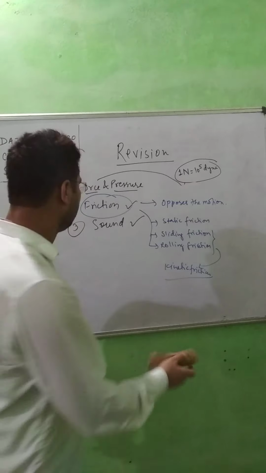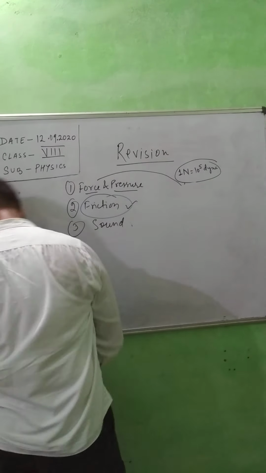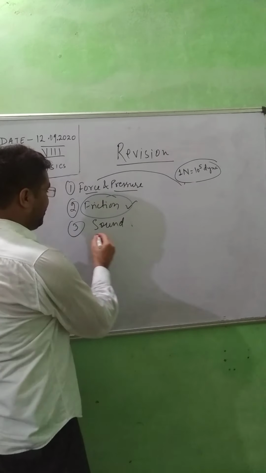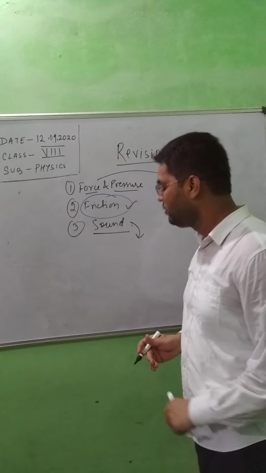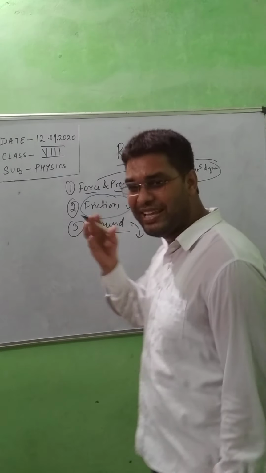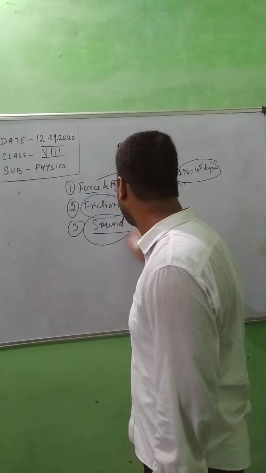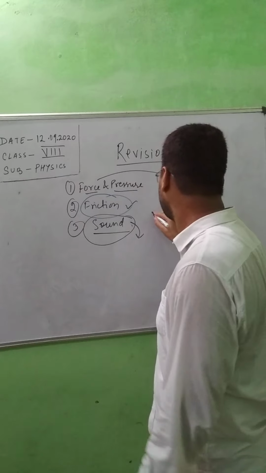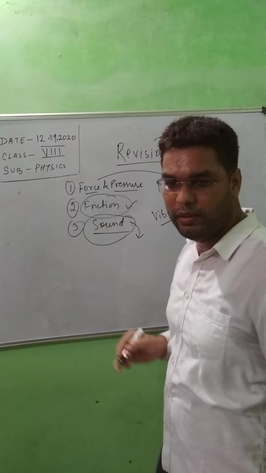After that we have talked about the chapter Sound. In this chapter we talked about what sound is. Sound is the sensation of hearing, and one of the most important conditions for the production of sound is vibration. What is vibration?